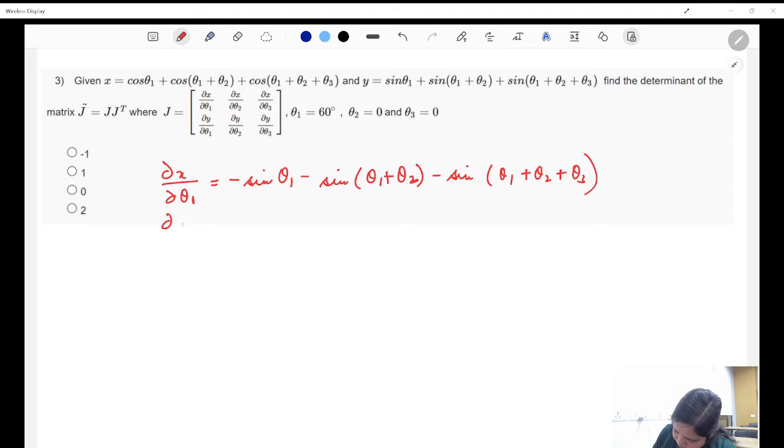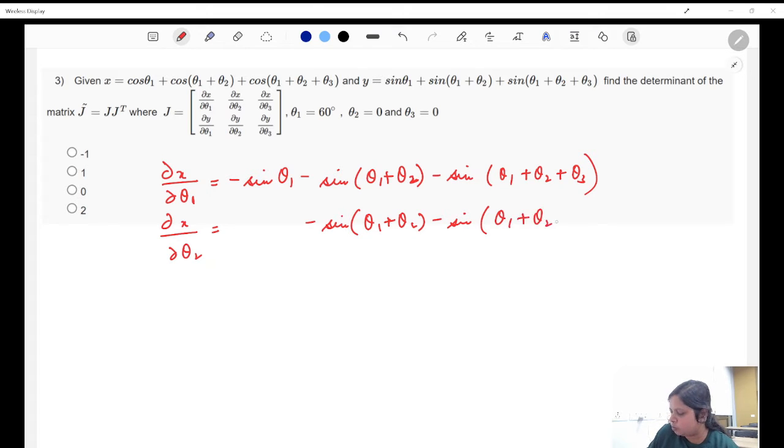Similarly, del x by del theta 2. Now, the first term, which is cos theta 1, when differentiated with respect to theta 2, would become 0, right? So we won't have the first term. We'll have the second term directly. It will be minus sine(theta 1 + theta 2) minus sine(theta 1 + theta 2 + theta 3).